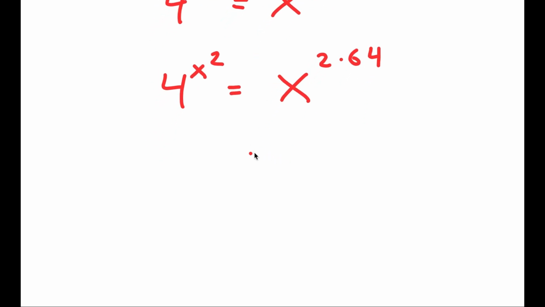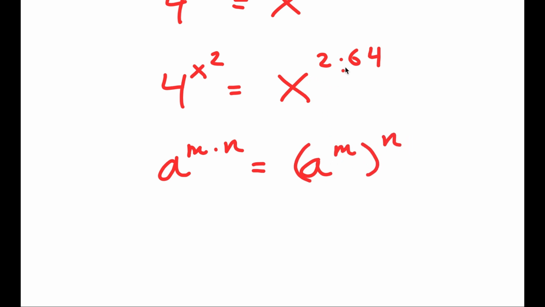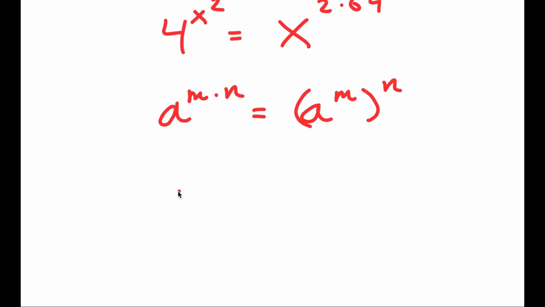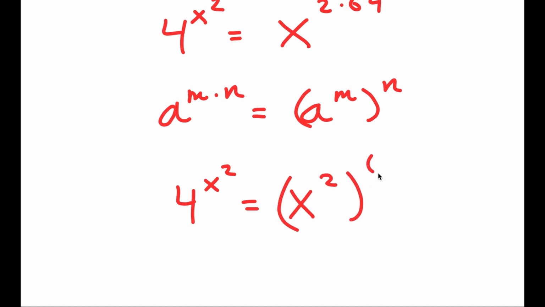And now, if I have something in the form a to the power of m times n, this is equal to a to the power of m to the power of n. So this here is going to turn into x to the power of 2 to the power of 64.